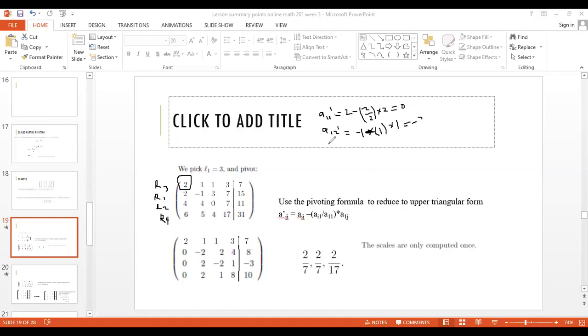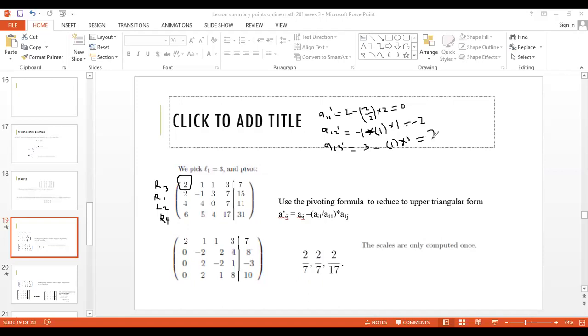Then we have A13 new, which will be equal to 3 minus 1 times 1, which is 3 minus 1, which is equal to 2.